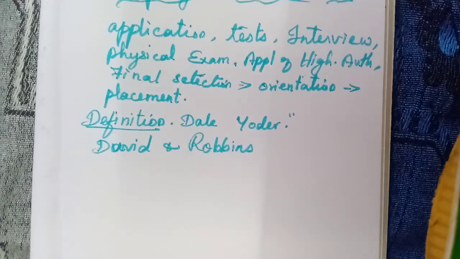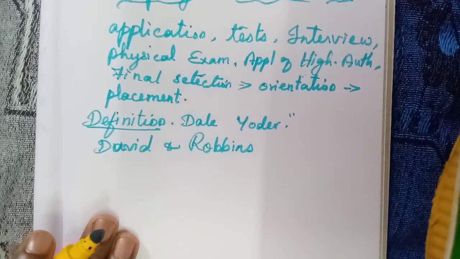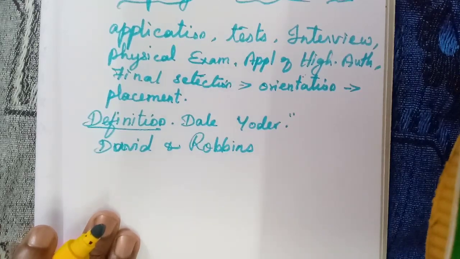Once again I will read their words: selection is a managerial decision making process to predict which job applicants will be successful if hired. You might have understood now what the selection process is, its meaning and definition.